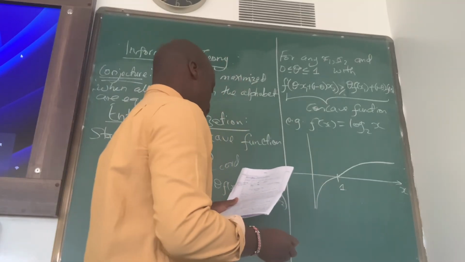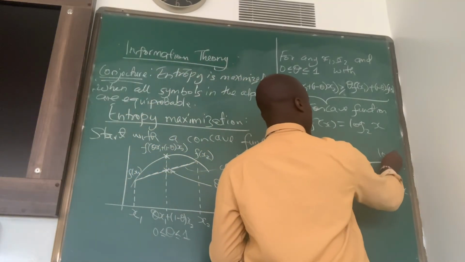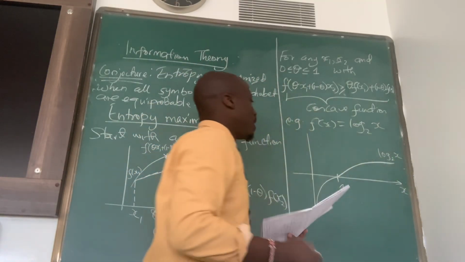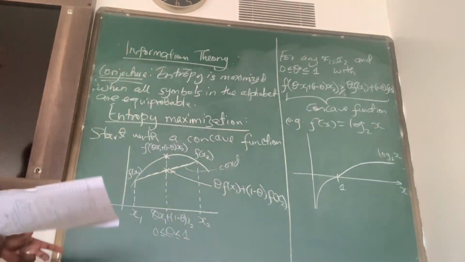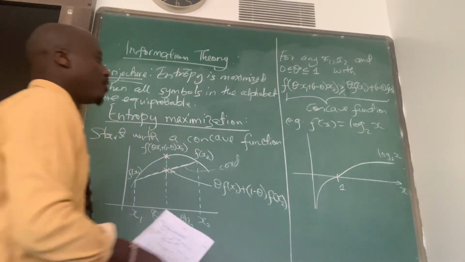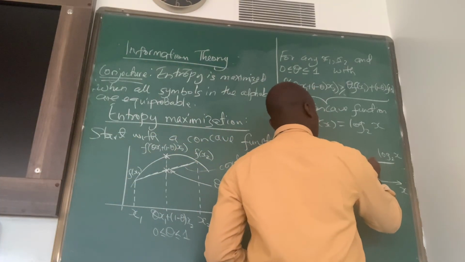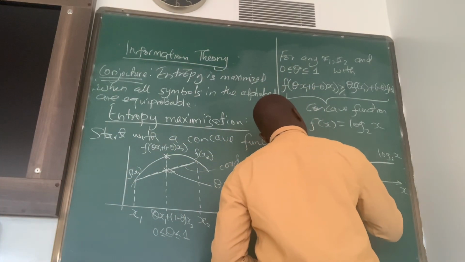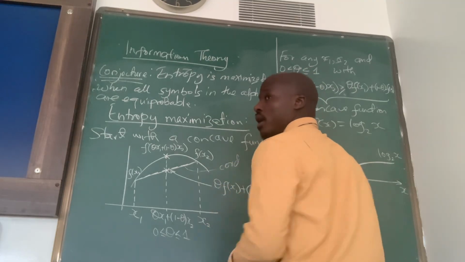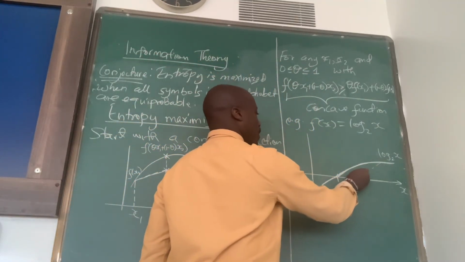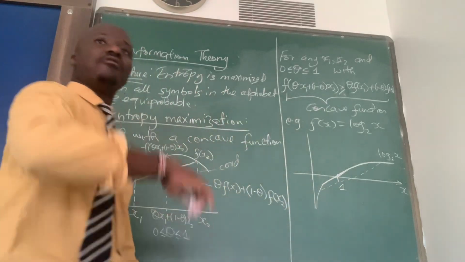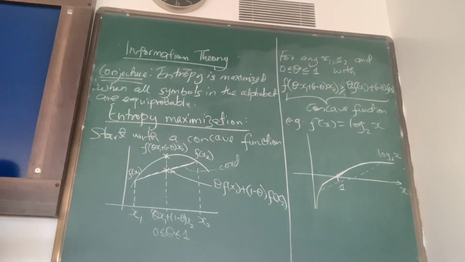This function is log to base 2 of x, an example of a concave function. It is concave because it is one smooth function, and if you draw a chord, the curve is always above the chord, and those are concave functions.